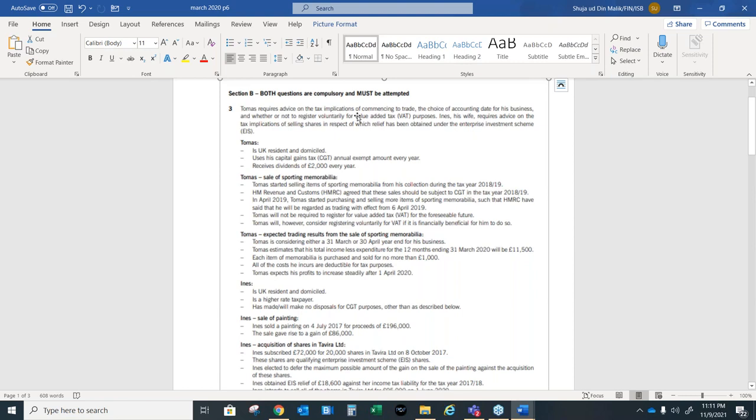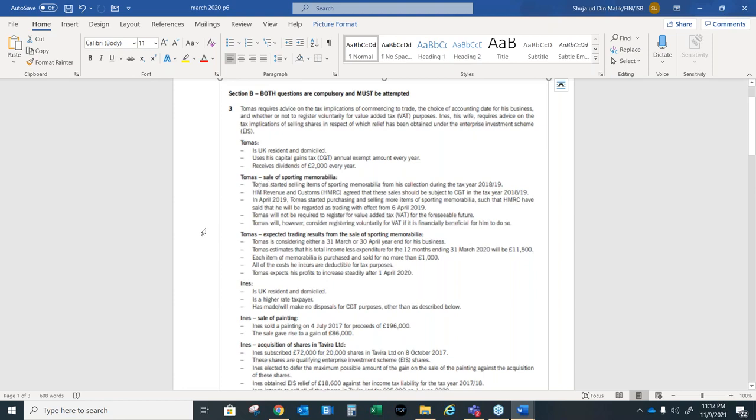Thomas requires advice on the tax implications of commencing to trade, the choice of accounting date for his business, and whether or not to register voluntarily for value-added tax purposes. His wife requires advice on the tax implications of selling shares in respect of which relief has been obtained under the EIS scheme. Carry forward against trading income, not total income.